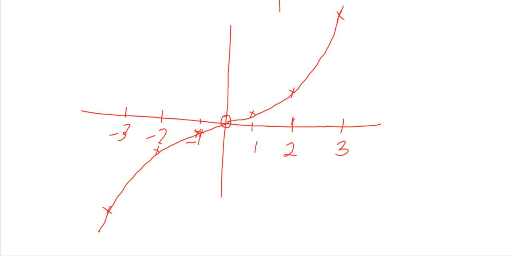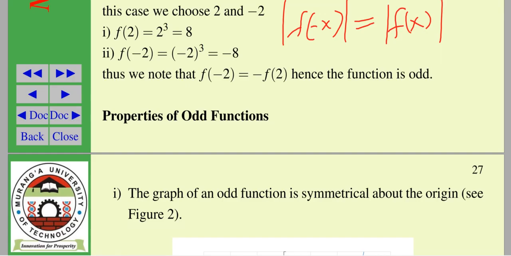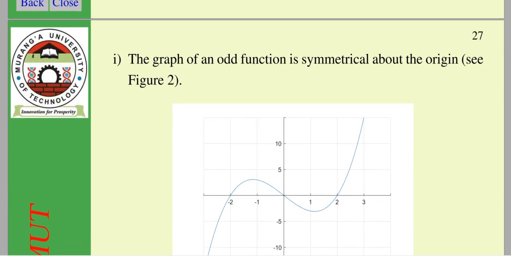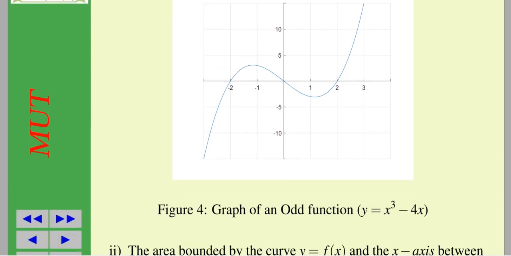So we are saying that the graph of an odd function, this is the graph here of the function x cubed minus 4x, you can see this side, and then it comes below.